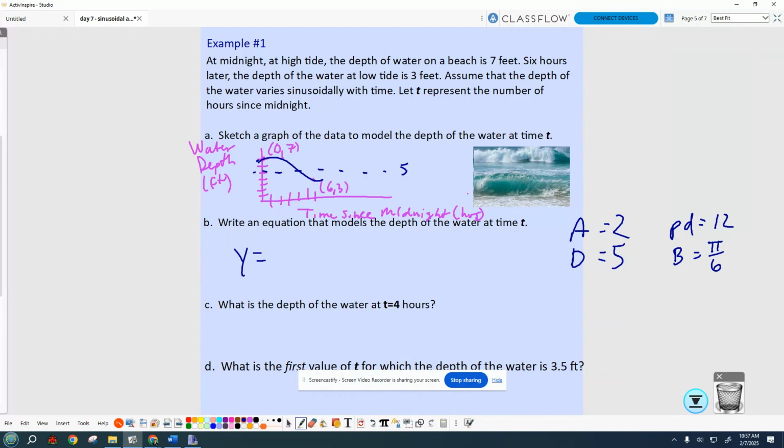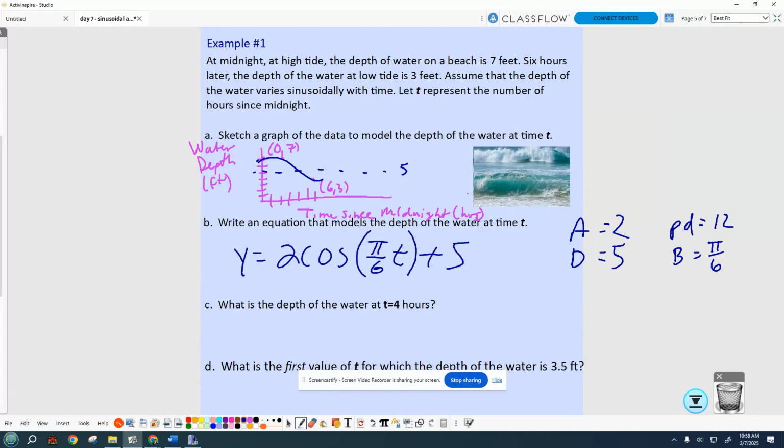High, and this one starts high. So what would you put it all together? I said y equals 2 cosine parentheses pi over 6 t, plus 5. Ooh, good job. I've been writing x all day. It says write an equation in terms of t, and she did.